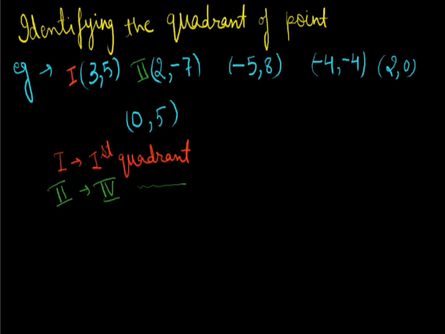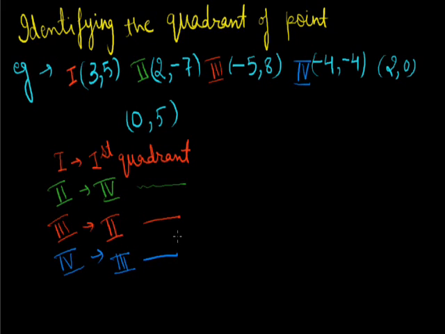Similarly, the third point, in which x is negative and y is positive, so the point will lie in the second quadrant. The fourth one, both are negative, so it is third quadrant.